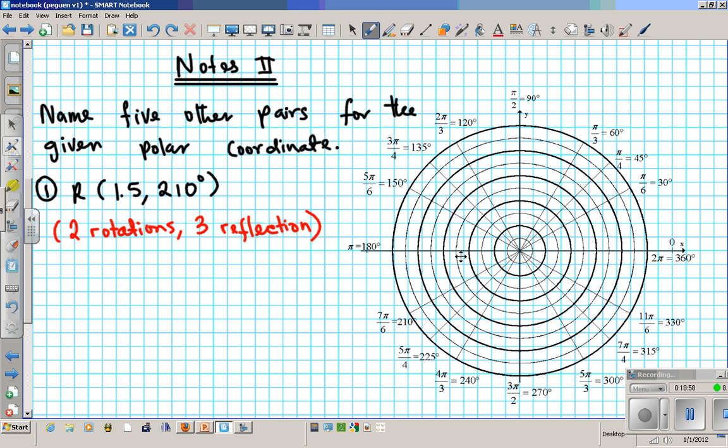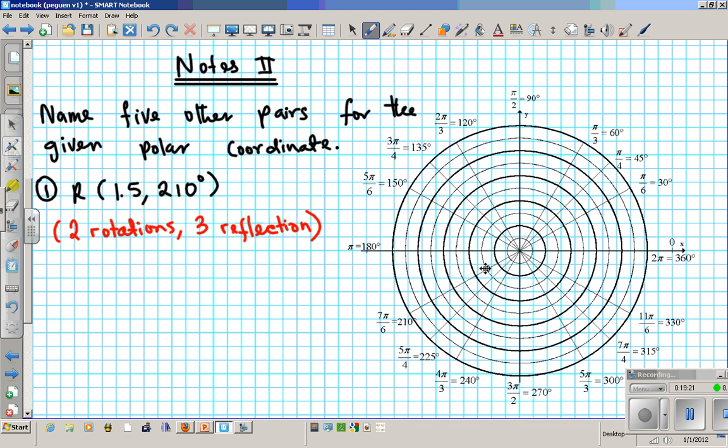All right. So let's graph the point 1.5 and 210. 1.5 in the center here. 210 means you're going to rotate all the way here. So there should be a point R. That's 1.5 and 210.